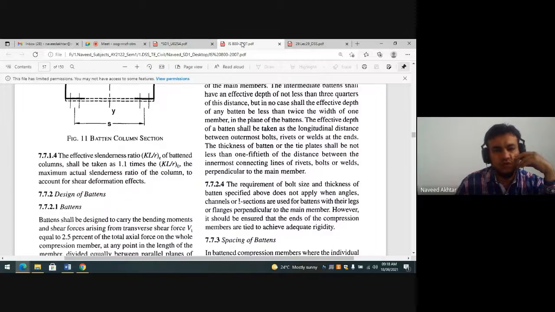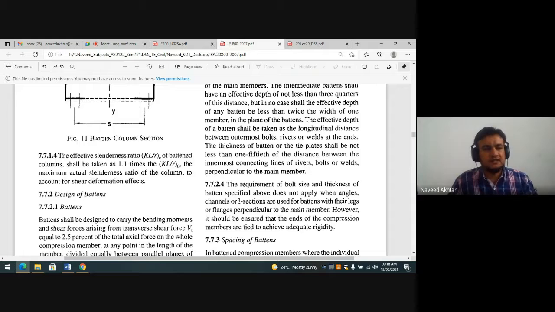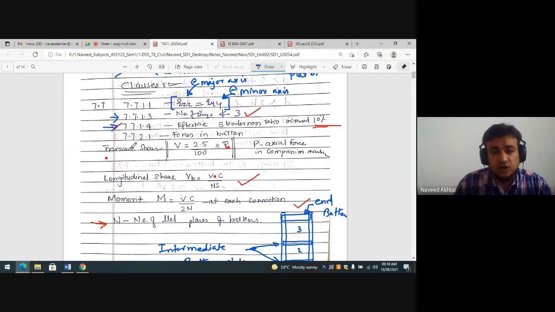So if you go for clause 7.7.1.4, the design of battening system, the effective slenderness ratio of batten column shall be taken as 1.1 times the maximum actual slenderness ratio of the column to account for shear deformation effect. So to account for shear deformation effect, we have to increase the slenderness ratio by 10%.